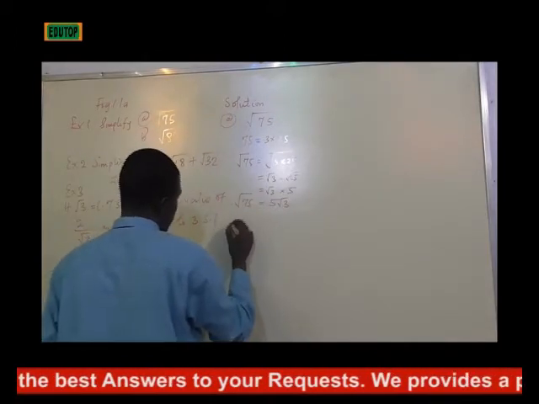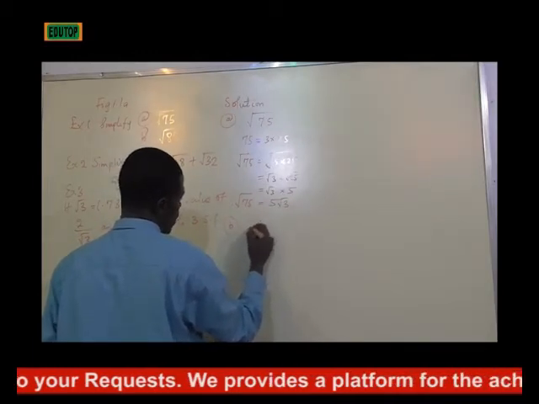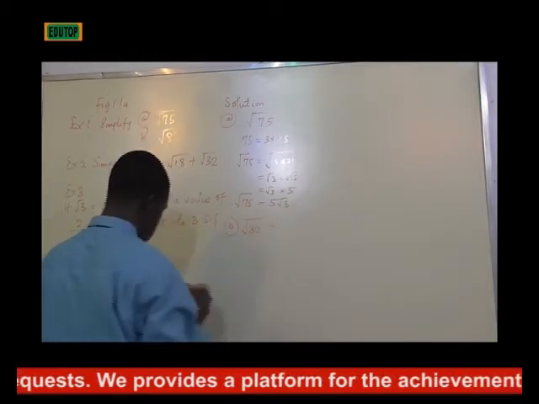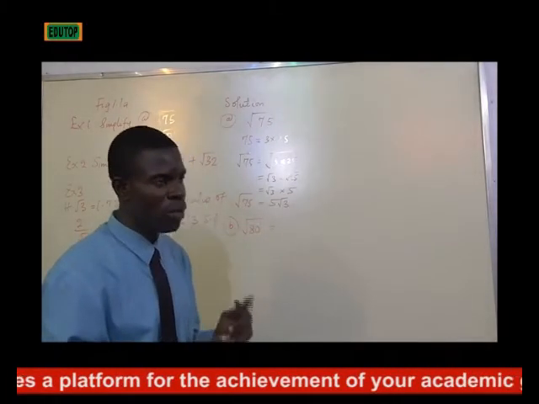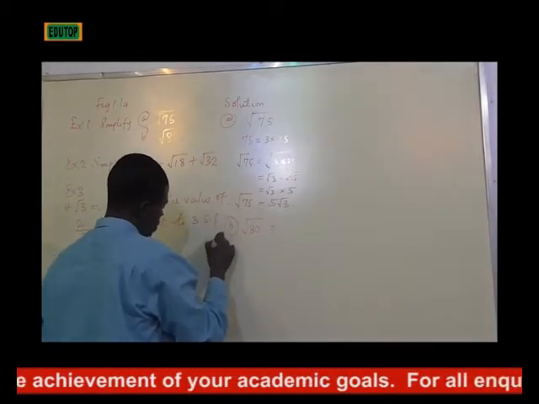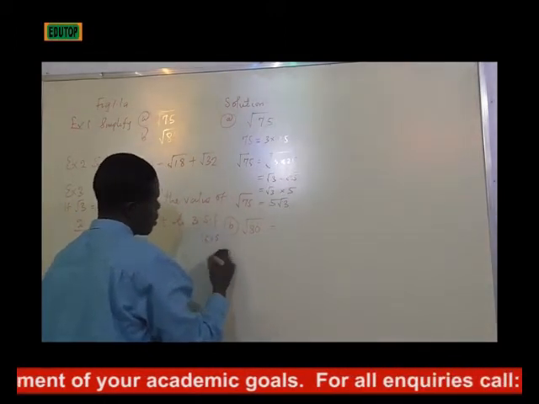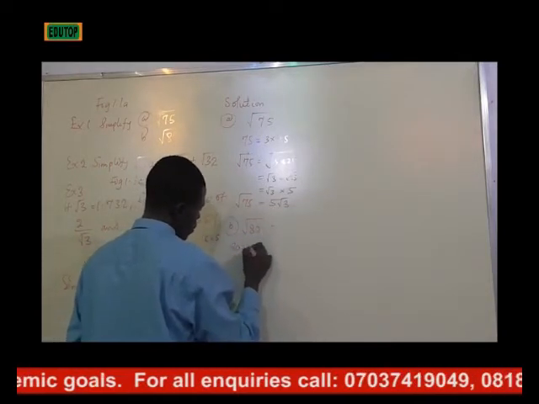Then the second case, the root of 80. The concept which makes it easier here is to look for two numbers whose product gives 80, where one of them is a perfect square. We have 16 times 5. 80 is equal to 16 times 5.